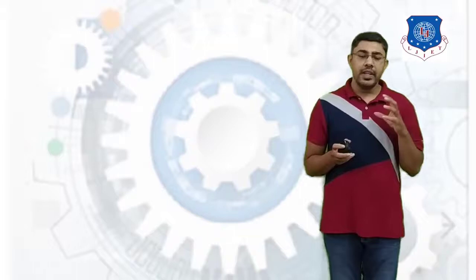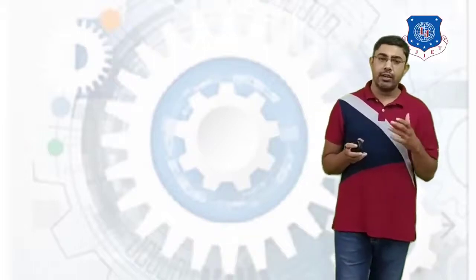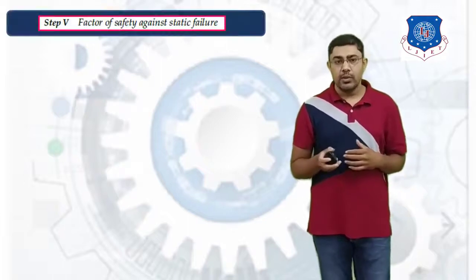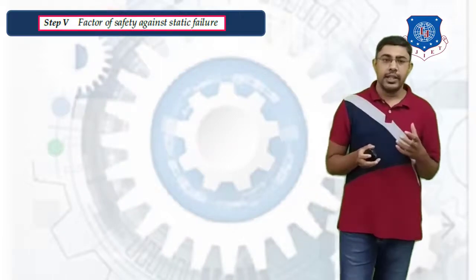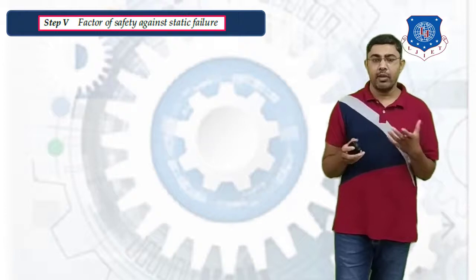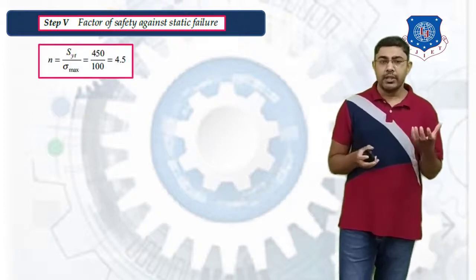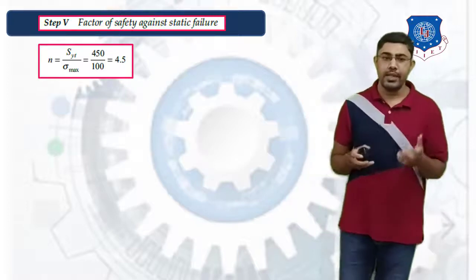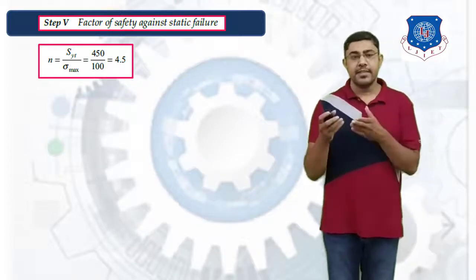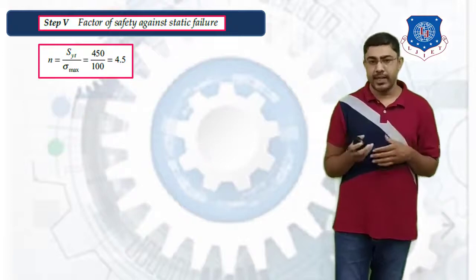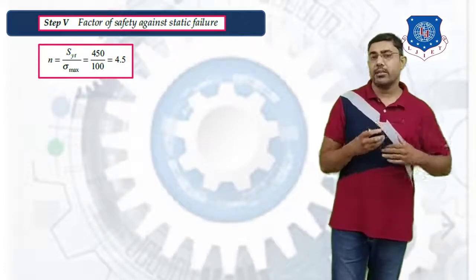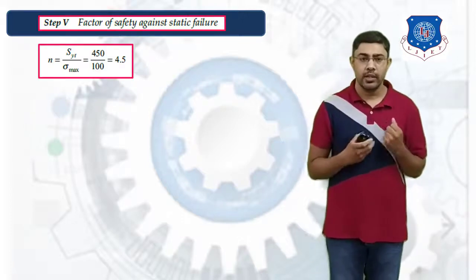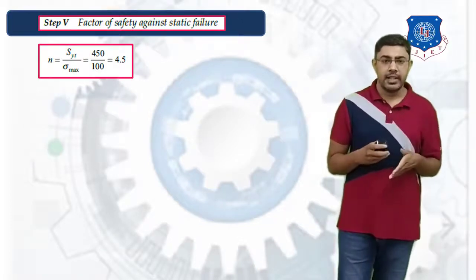Now we want to find the factor of safety against static failure also. According to static failure, as we know, the factor of safety n is equal to SYT divided by sigma max. Here the load is fluctuating, so we have to consider the maximum load applied on the component for the static failure criteria.